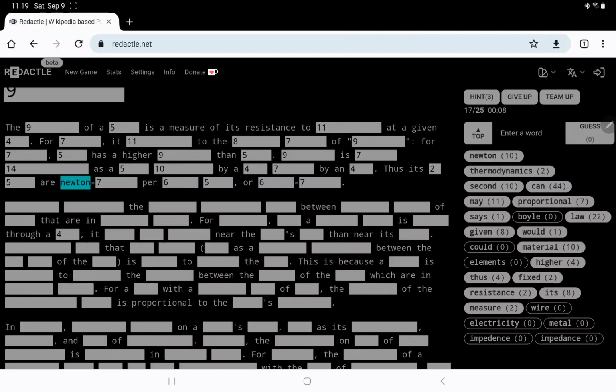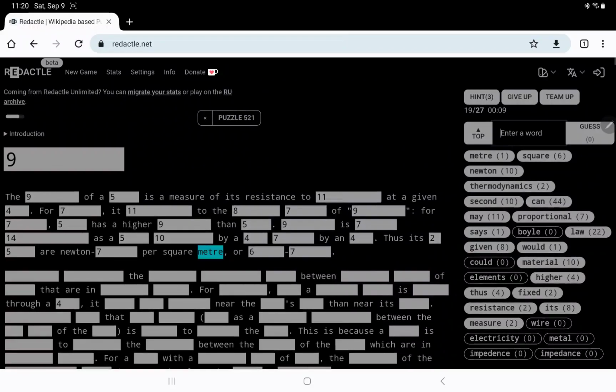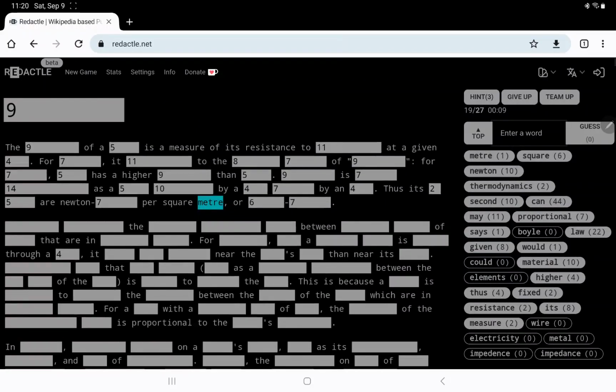Newton's something per square meter. Okay. So it's physics. Measure of its resistance to something. Still don't know what that 5-letter word is.